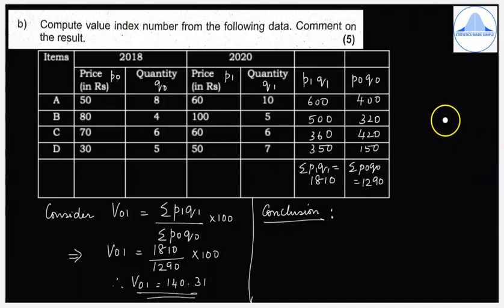So again, you have to do the same step. So you have got 140.31. You subtract the base year index, that is 100. So you'll get 40.31.